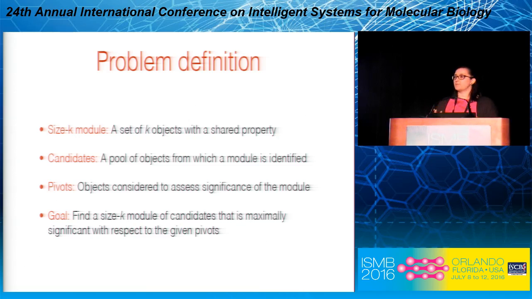And pivots are objects that we consider to assess the significance of a particular model. The particular problem that we are tackling is to find a size K module of candidates that is maximally significant with respect to a given set of pivots.